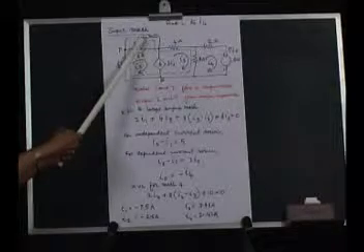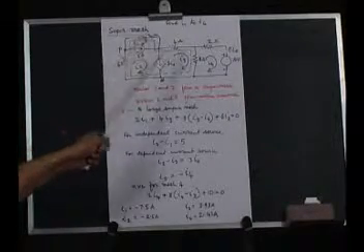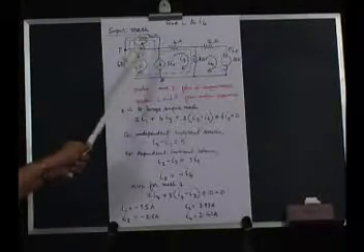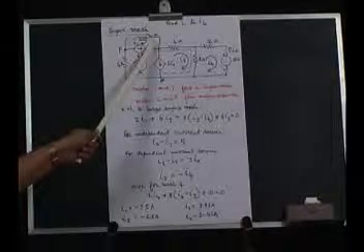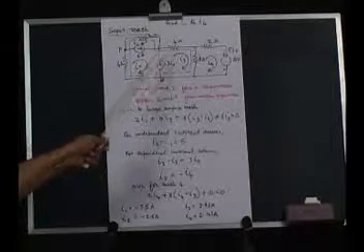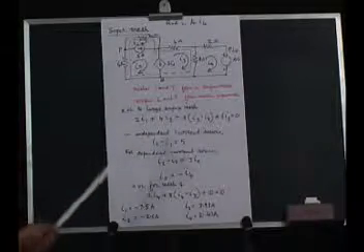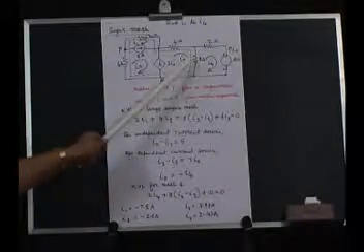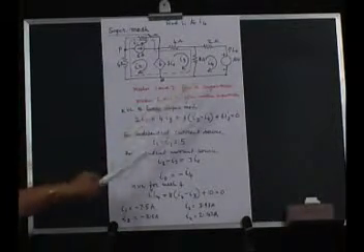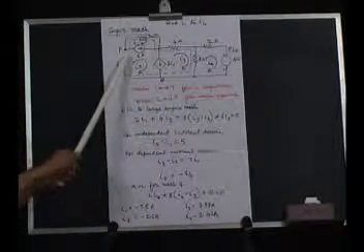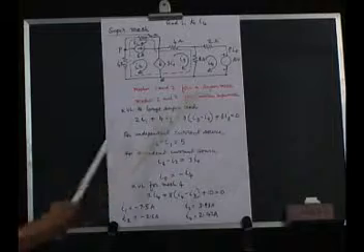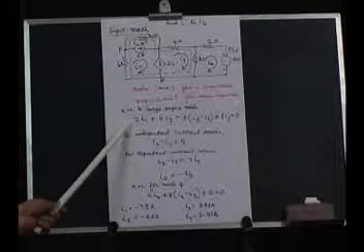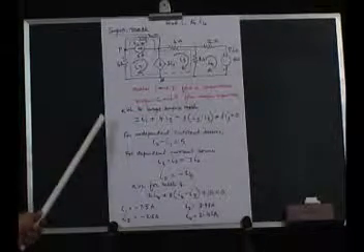We shall start here and come back here again. So, the drop across this is I1 into 2, the drop across this is I3 into 4, the drop across this is 8 into (I3 minus I4), and the drop across this is 6 into I2. This is KVL for the super mesh.